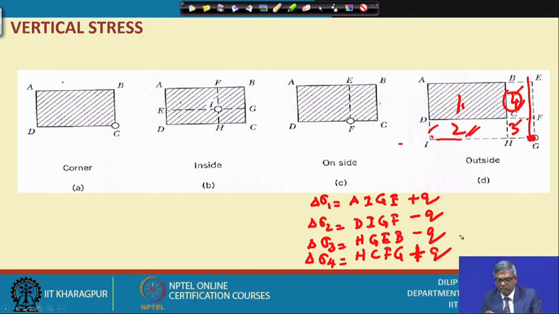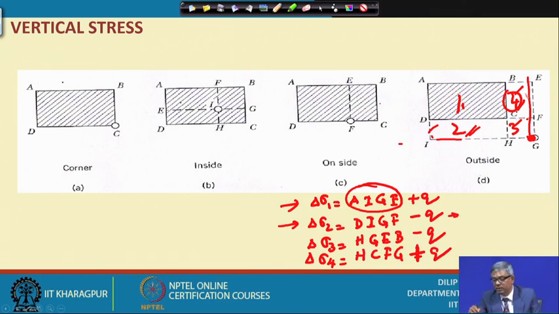What is the meaning of this? When I consider this area, I have to find out what A is, what B is, and then apply the corner formula and find delta sigma 1. Similarly, for delta sigma 2, I will consider this rectangle, find A, B, M, N, then apply the corner formula and find delta sigma 2 with negative loading.